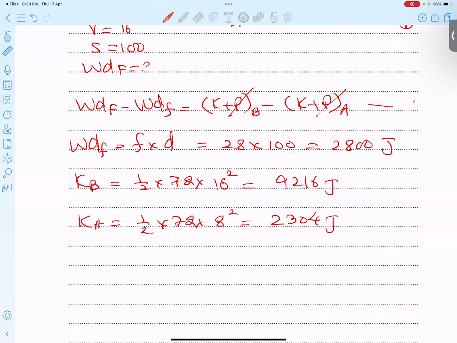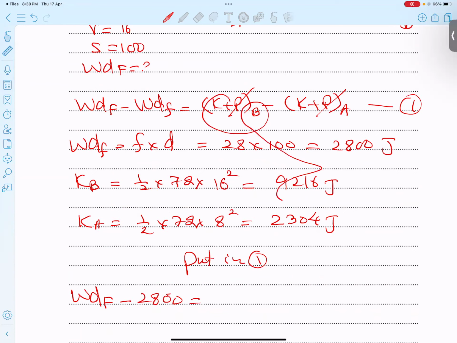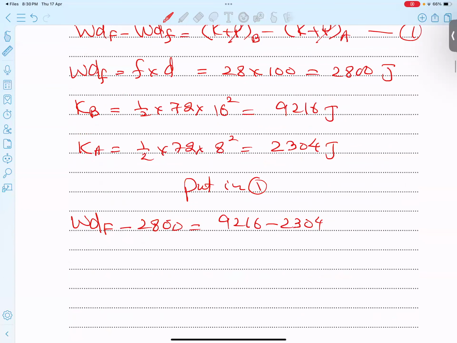And now students, I have to plug into the formula. So work done by applied force is the target, plus friction force 2800, and kinetic energy at B, which I just got, 9216, minus 2304.